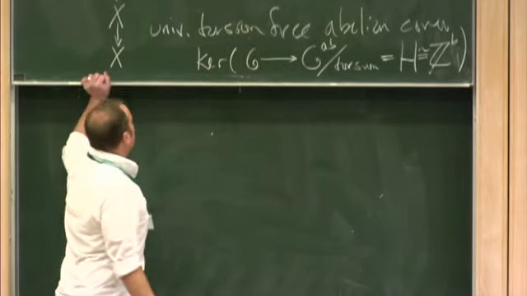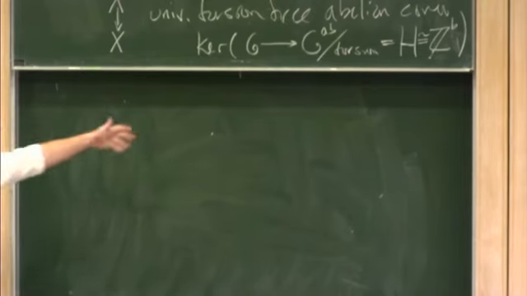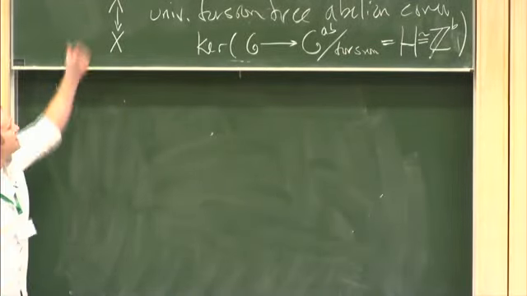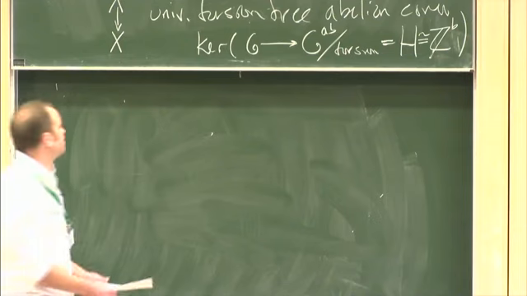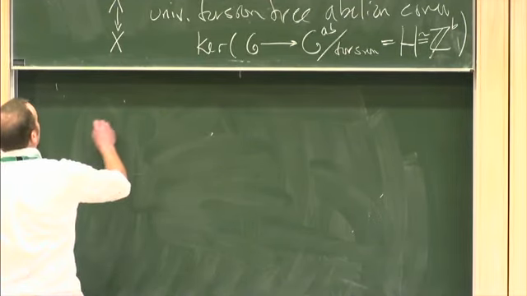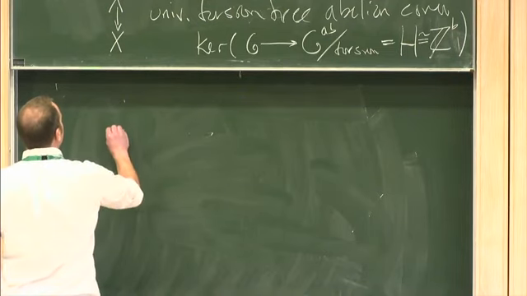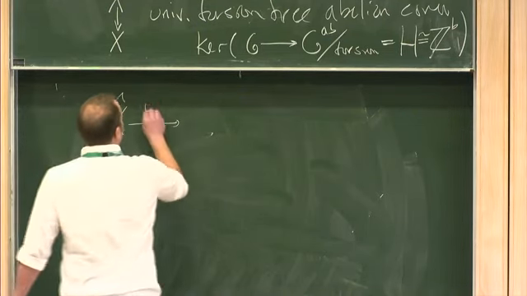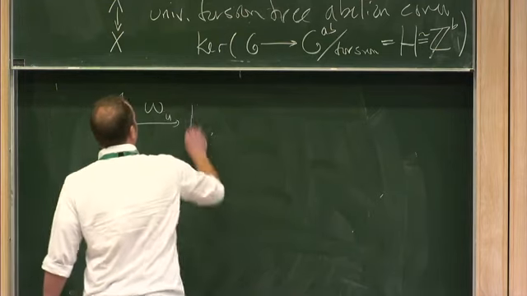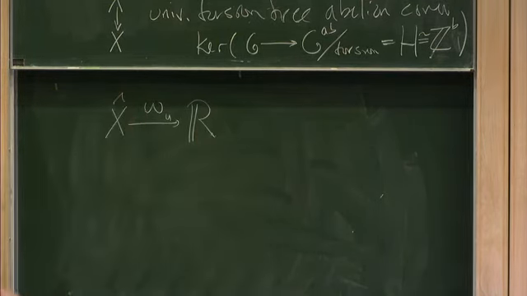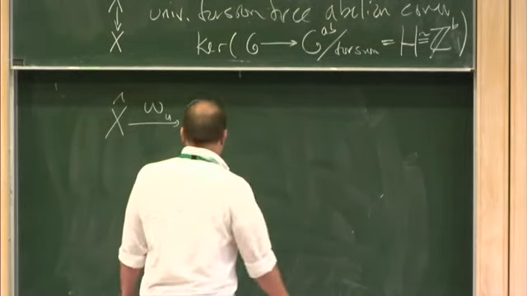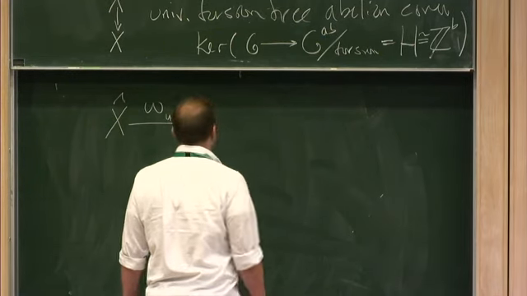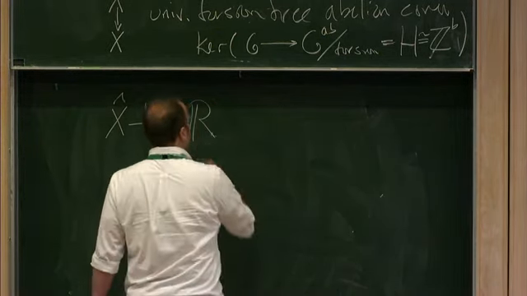Okay, so if I have a closed one form on a manifold and I go to the cover corresponding to this, then I can pull that closed one form back, and then it's globally d of a function. So let me just think about that. What's my closed one form? It's a function, we call it omega u, from this cover to R. And it should be equivariant with respect to u.